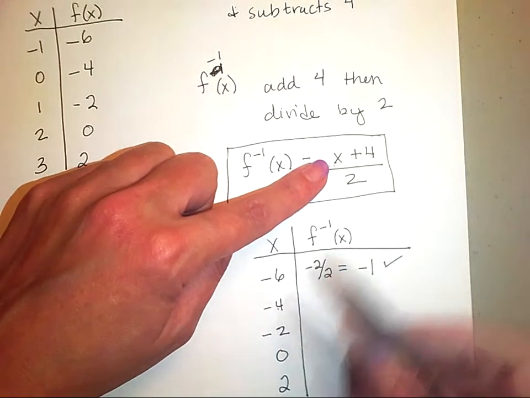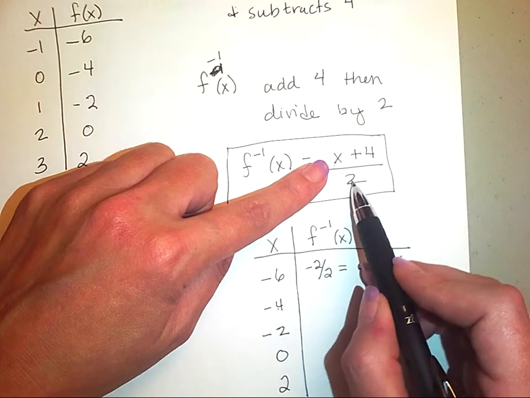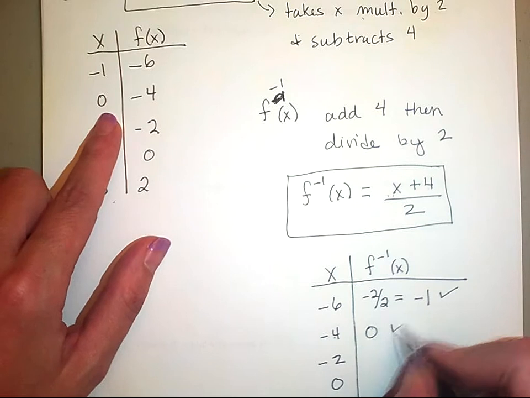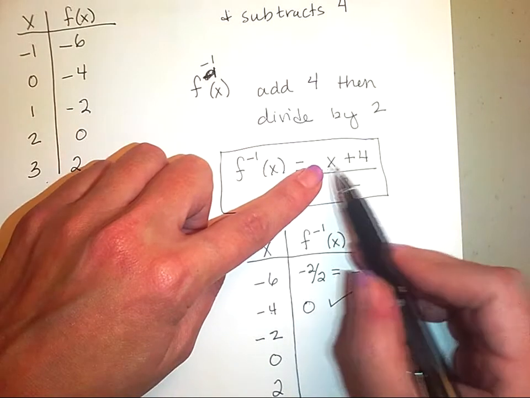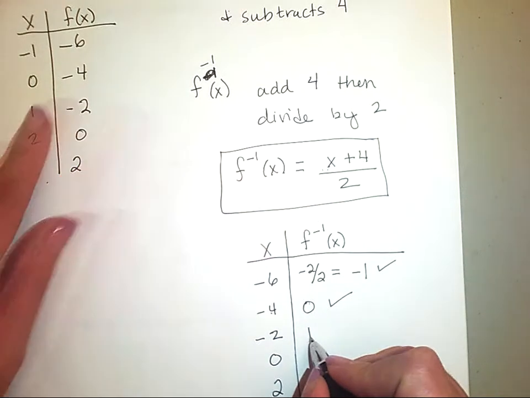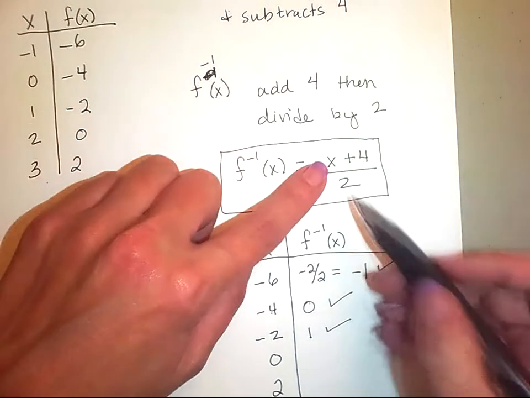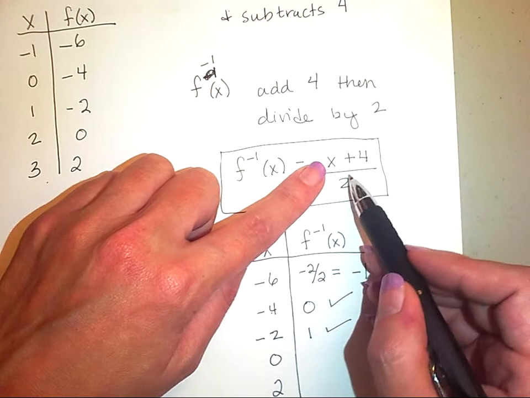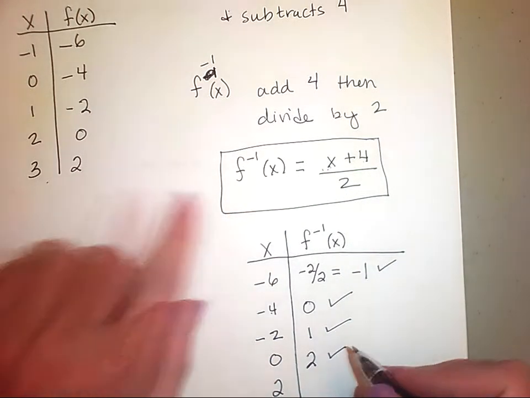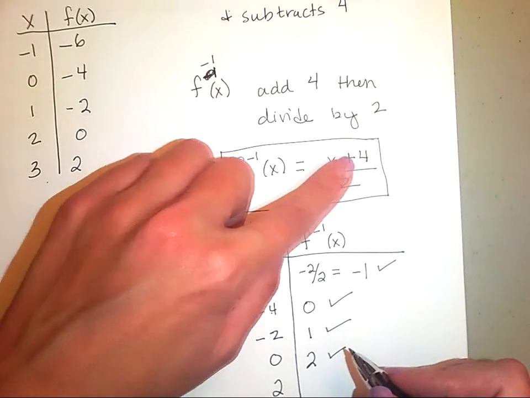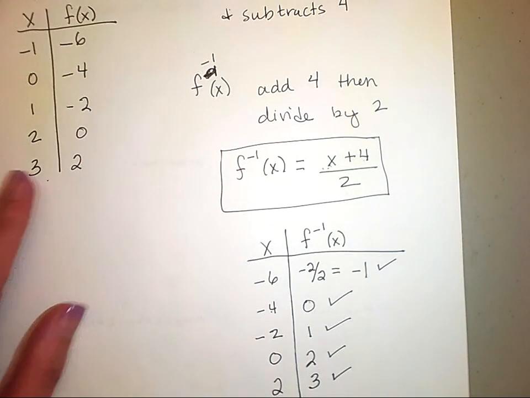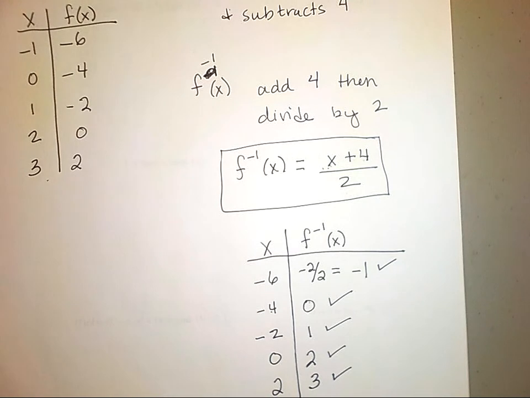Here, -4 plus 4 is 0, 0 divided by 2 is still 0, and we have that. -2 plus 4 is 2, divided by 2 gives us 1. 0 plus 4 is 4, divided by 2 is 2. So that's good. And now if we put in 2, 2 plus 4 is 6, and 6 divided by 2 is 3. Good. So we've determined the correct inverse for this function.